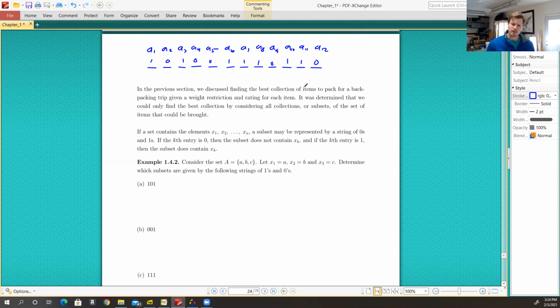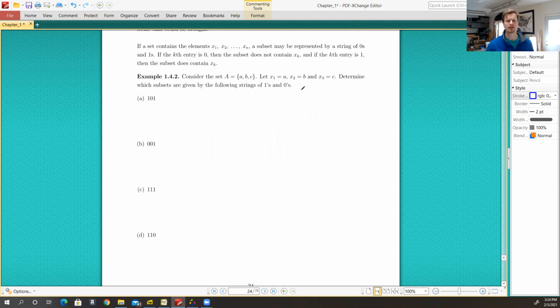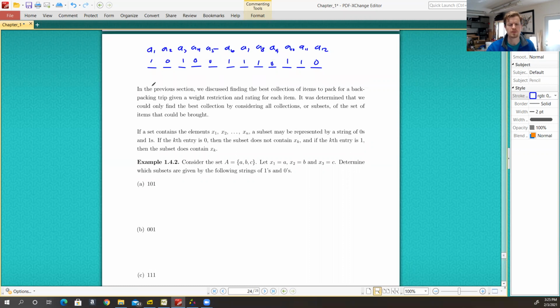So let's take a look at a basic example of this. Let's consider just the set A, B, C. Now let's see how they've described it here, because they use some specific language. We say that x1 is object 1, x2 is object 2, x3 is object 3, and so on.